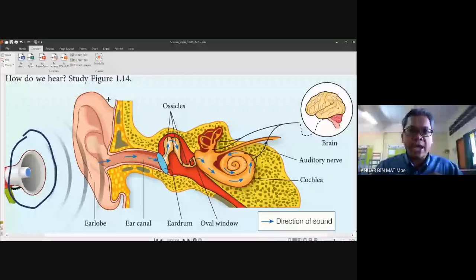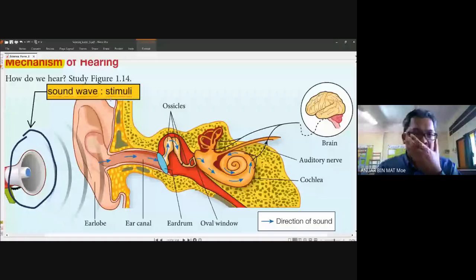We call it what? Sound wave. Sound wave is one of these things. In general, we call it a stimulus. The stimulus for our sense of hearing is the sound wave.